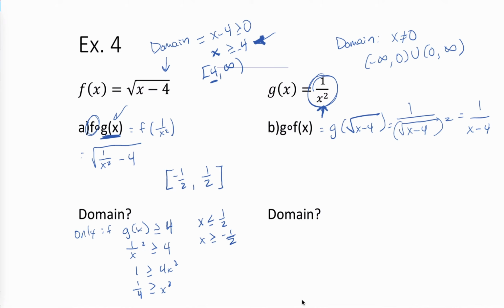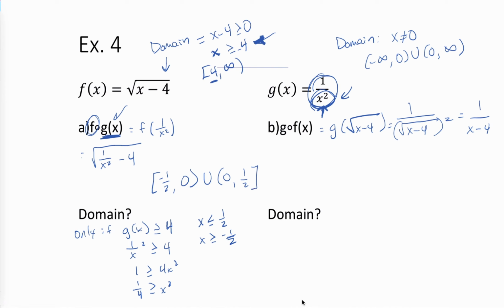But also, we know that x can't be 0 because 0 doesn't go into g. So our domain becomes negative 1/2 to 0 and 0 to 1/2.